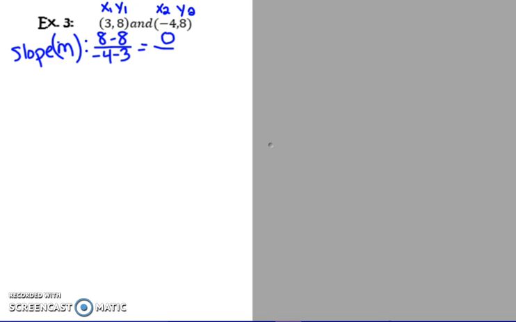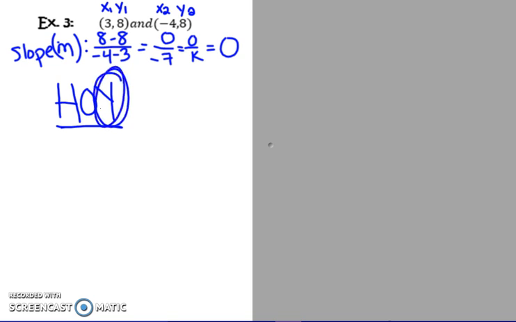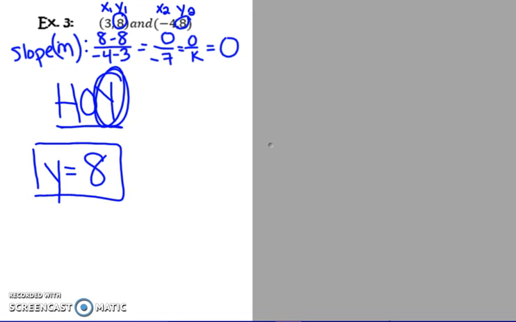Well, I end up with 0 over negative 7, and this tells me it's okay, so I have a slope of 0. If we think back to HOY VUX, HOY tells me we have a 0 slope. It also tells me it is a y equals equation. So my equation, I don't even have to put it into point-slope form, is whatever my y value is. Well, my y value equals 8, so my equation is y equals 8.